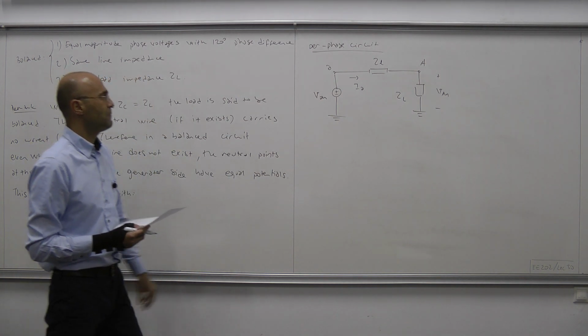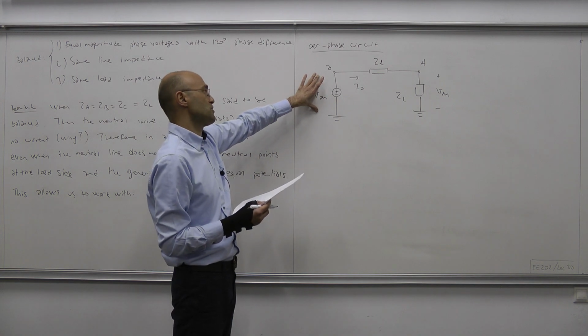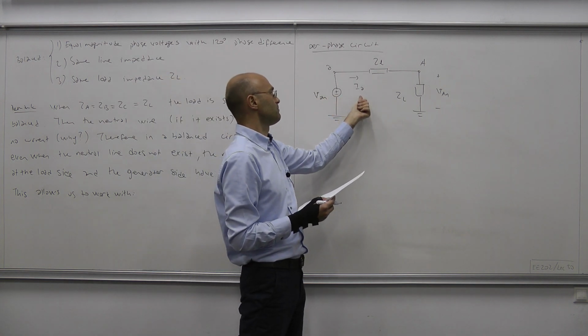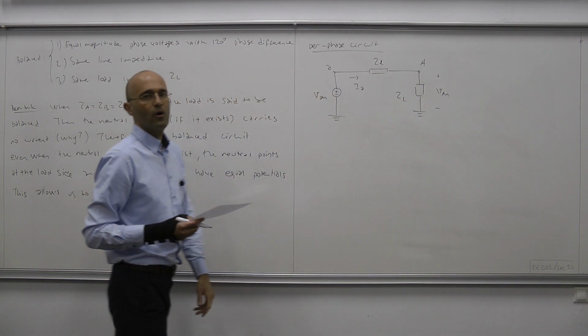Okay. Now, assuming that we know the phase voltage at the source side, let's figure out the line current and also the phase voltage on the load side.